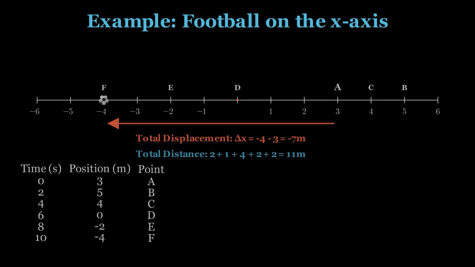Then from C at 4 meters all the way to D at 0, it covered 4 meters to the left. From D at the origin to E at minus 2 meters, it traveled another 2 meters left. Finally, from E at minus 2 meters to F at minus 4 meters, it rolled 2 meters left. Add all that and the total becomes 11 meters.